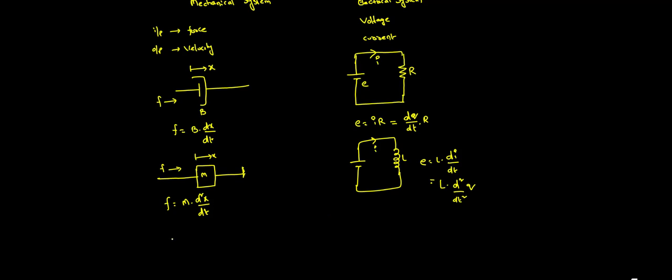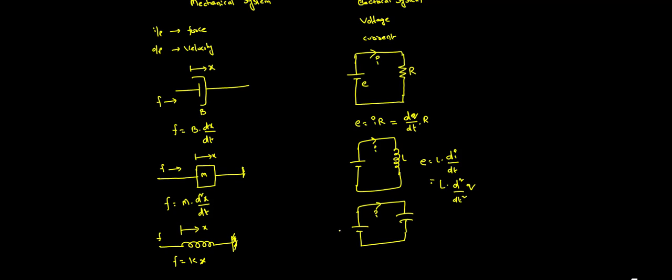For the spring, the force that we are giving onto the spring, assuming it is fixed at a reference and displaced by x, is F. So F is equal to k into x. Here it is equivalent to the capacitor. How is it a capacitor? It is very simple.